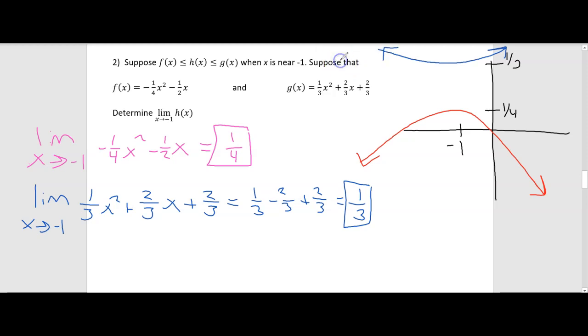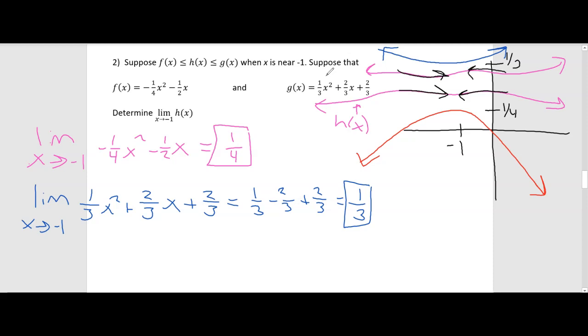So you can clearly see that there's a lot of ways I could draw my h of x function, right? I could draw it down there, or I could draw it somewhere up here, right? And depending on where it's drawn, that limit is going to be different. For that bottom pink function, the limit's going to be a little bit less than it would be for this top pink function.